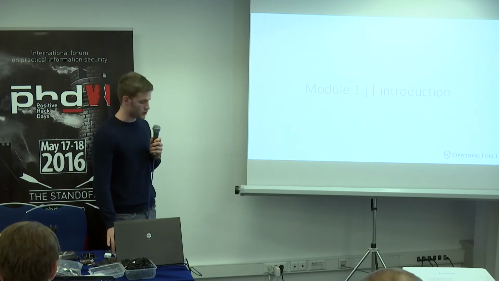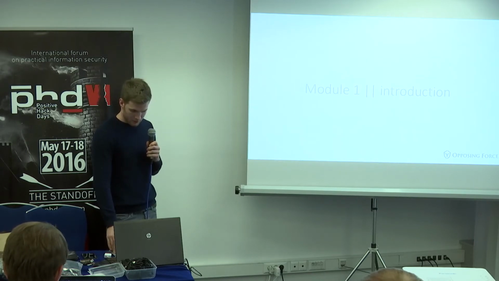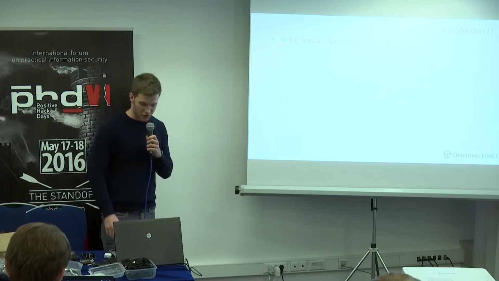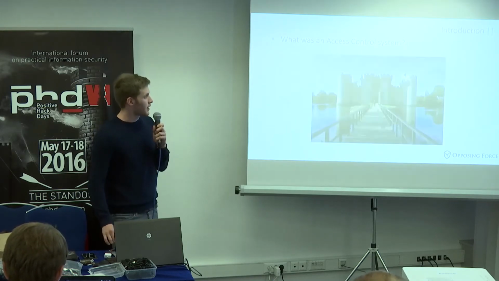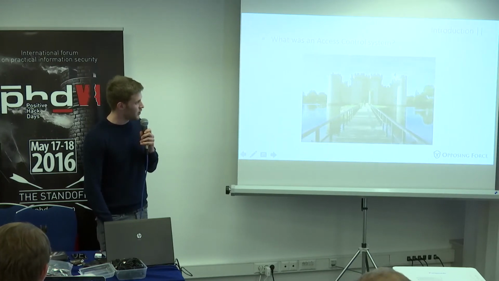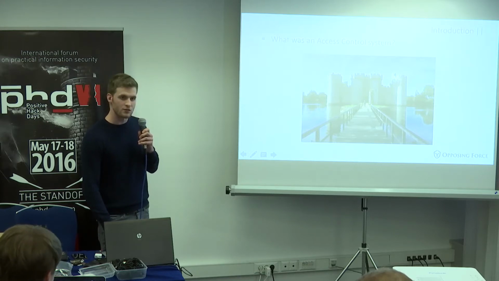So let's start with the introduction. What was an access control system in ancient times? It was something like this. You could have walls, a bridge, big doors, and maybe some soldiers on the walls.